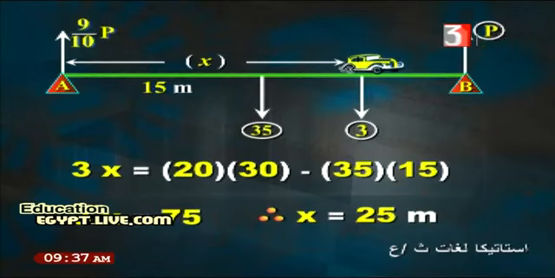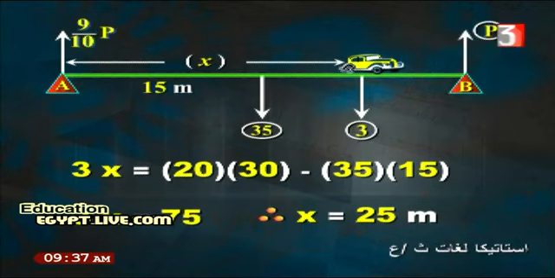If the reaction of support at A is 9/10 of the reaction of support at B, the distance of the car equals 25 meter from A.